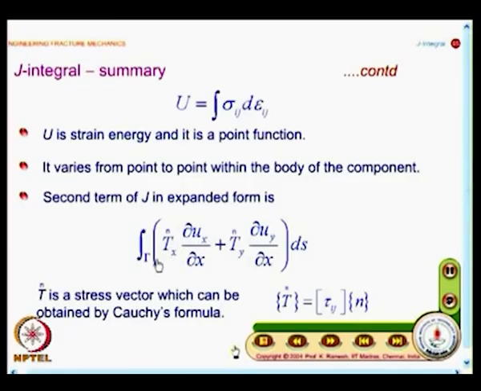Now, when you expand it, I have two terms, Tnx ∂ux/∂x plus Tny ∂uy/∂x, and each one of these terms would be obtained from your Cauchy's formula. So, when you solve a problem, you would know how to fill in the quantities.